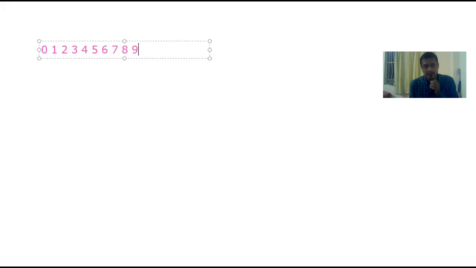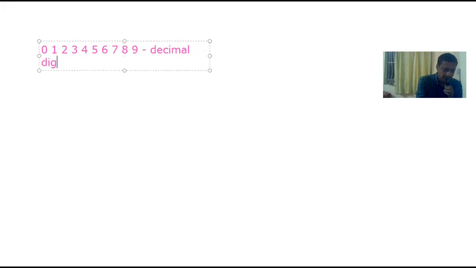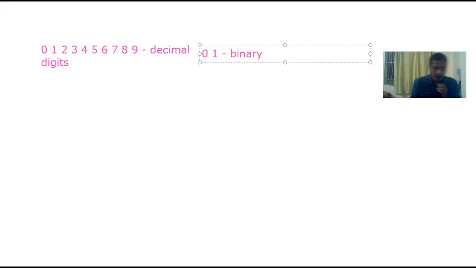These are called decimal digits, meaning 10 digits. When we look at the other numbers, like 0 and 1, they are called binary. In this binary number system, you have only 2 digits, while decimal has 10 digits.